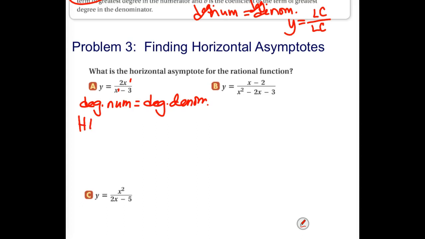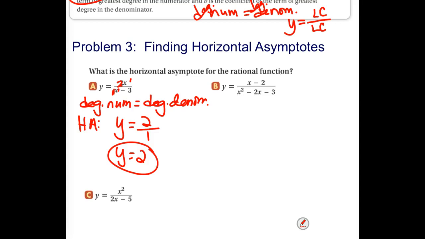So we would have a horizontal asymptote at y equals, and for us the numerator is 2 and the denominator's leading coefficient is 1. So we just get y equals 2. We are using those leading coefficients, so the 2 here and the 1 there.